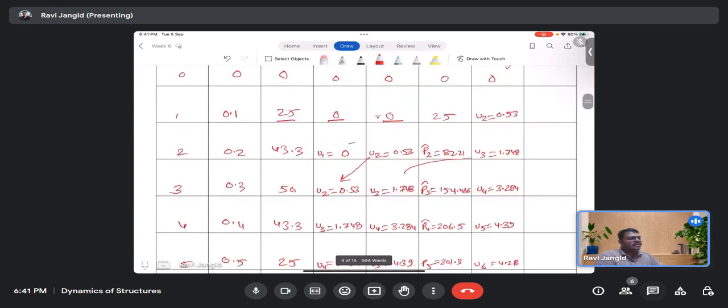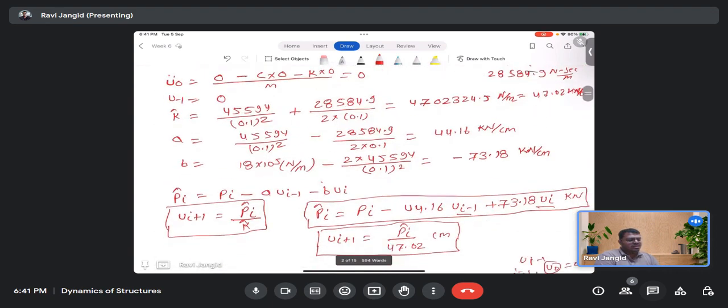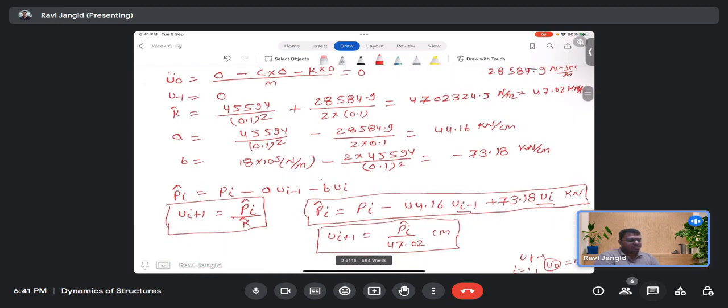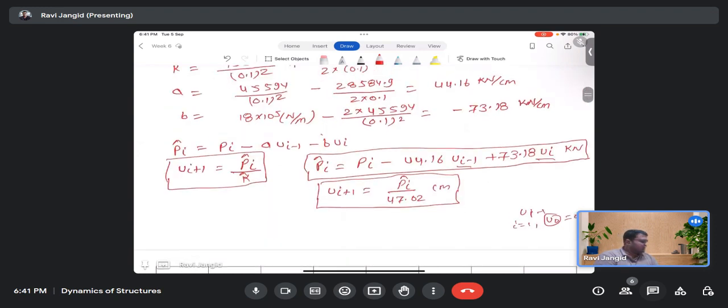If we solve it theoretically, I have told you the solution. This one is the theoretical solution. Do you have any doubt in the theoretical solution? That was u(t) equal to A cos omega t plus B sine omega t plus p naught by k into 1 over 1 minus (omega by omega n) square into sine omega t.